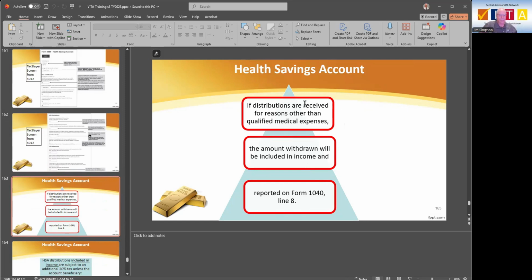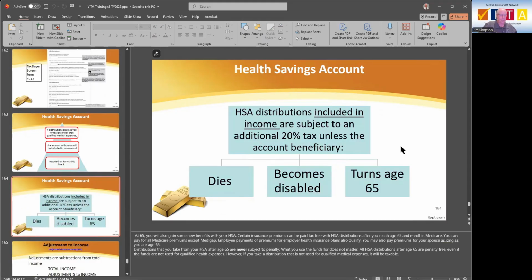So if you do receive distributions for reasons other than qualified medical expenses, it's going to be included in income, and then it gets reported on line 8 of the Form 1040. And actually, I think that's on Schedule 1, that it goes under. Okay.